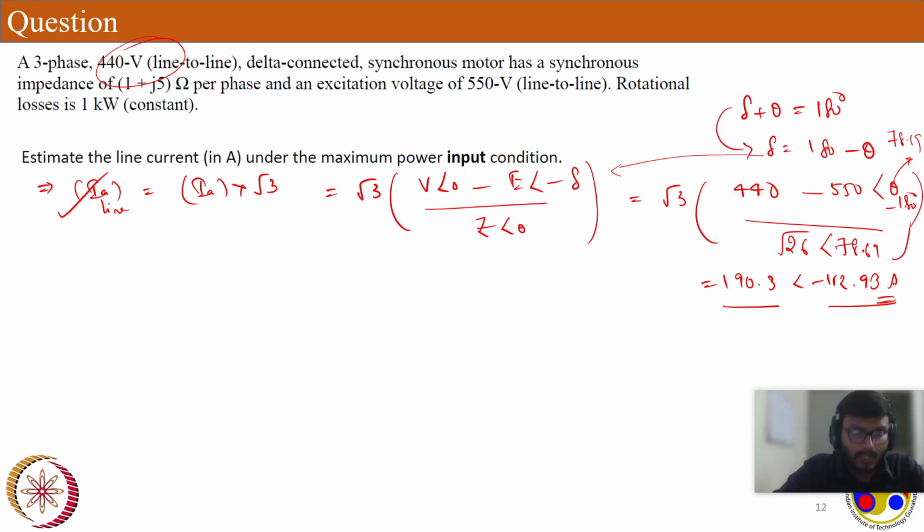Okay, let's calculate this again. 440 minus, calculate theta. Theta is 78.69 minus 180.